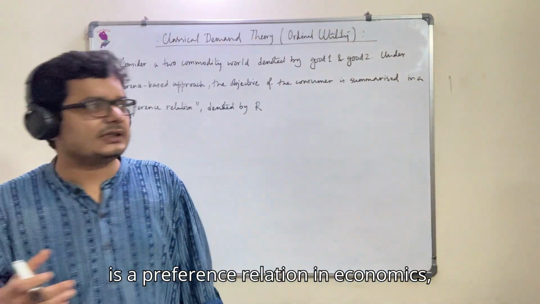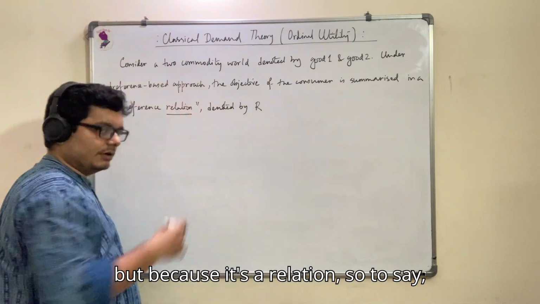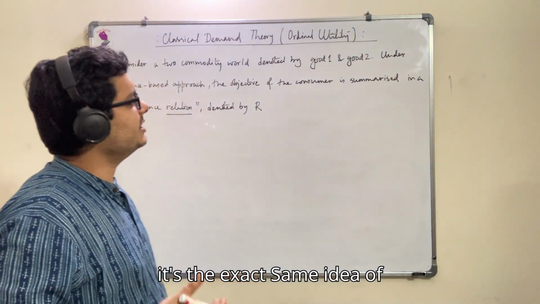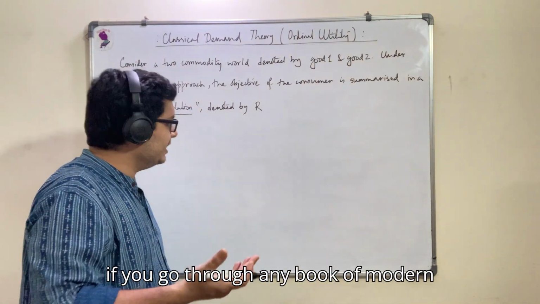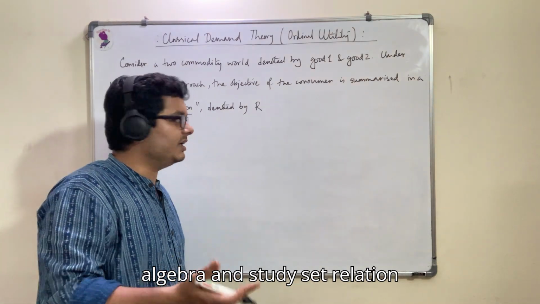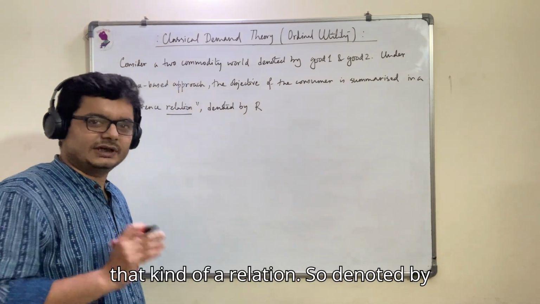Remember, this is a preference relation in economics, but because it's a relation, it's the exact same idea of mathematical relation that you will find if you go through any book of modern algebra and study set relation mapping. So preference relation is just that kind of a relation.